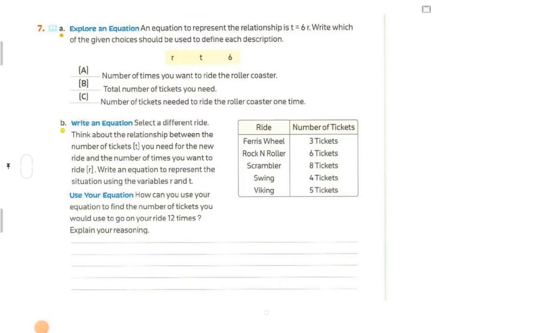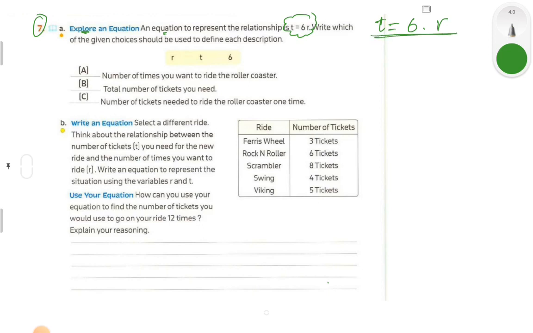Now, question 7. Explore the equation. What's the equation? An equation to represent the relationship is t equals 6r. That means t equals 6 times r.